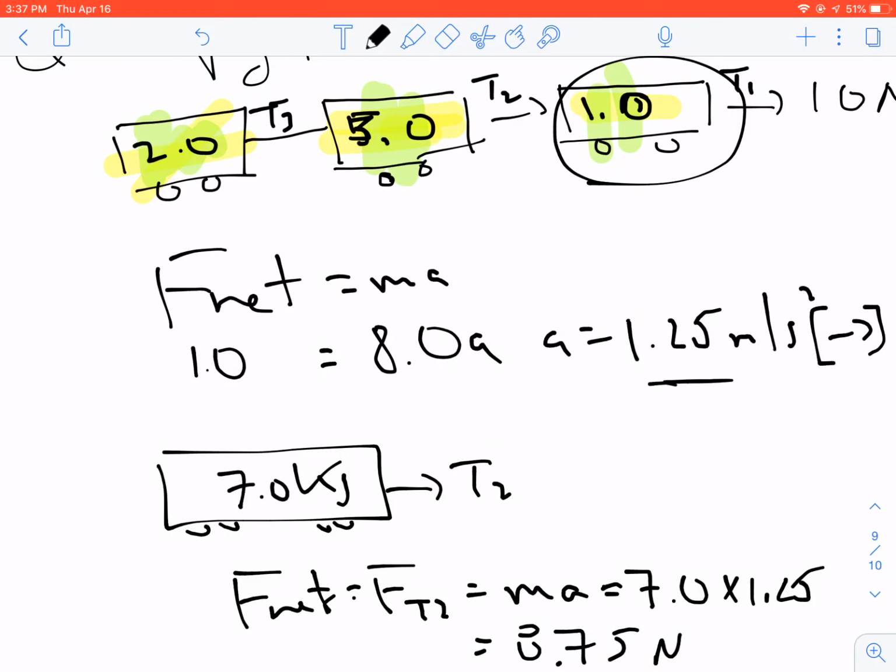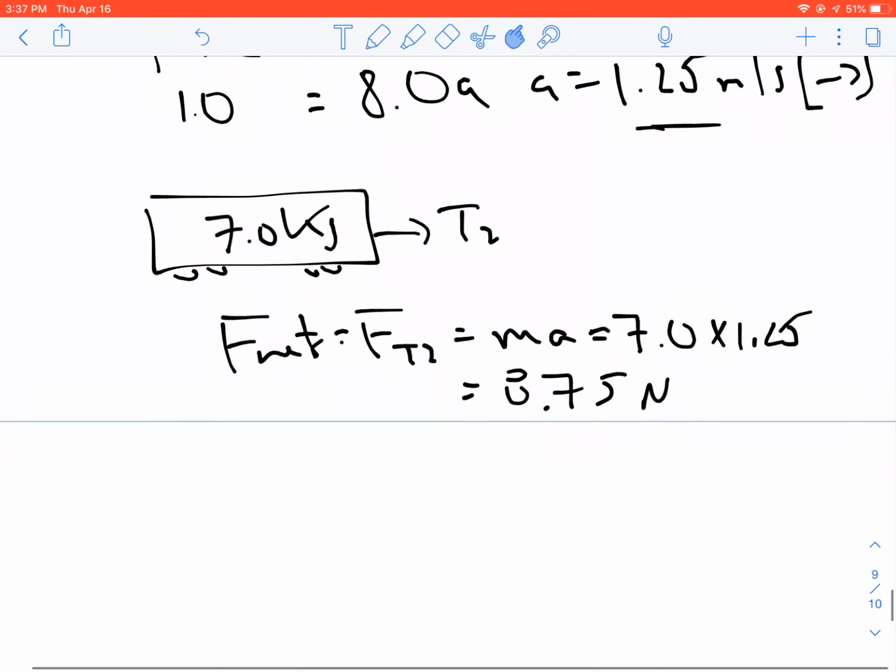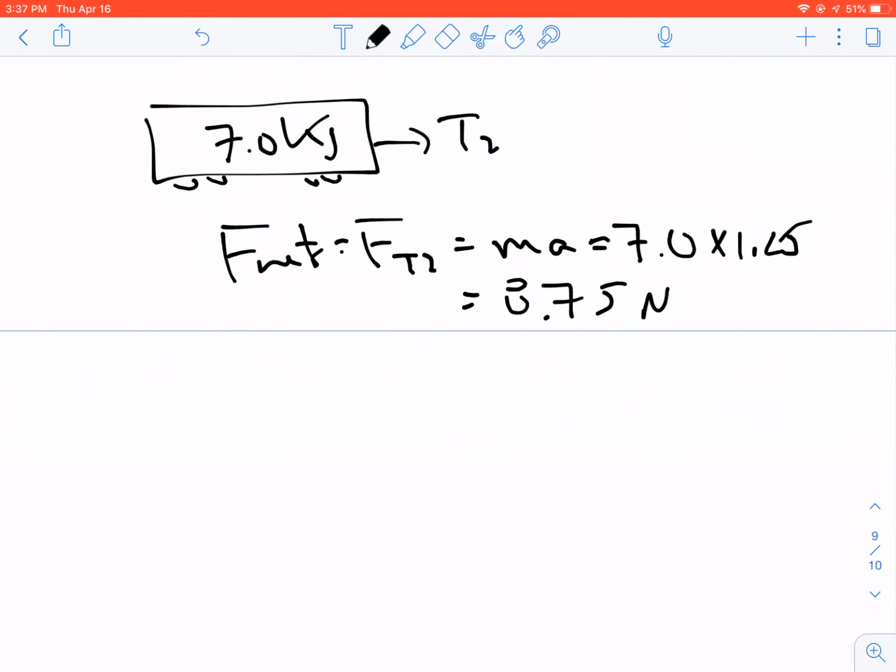Now, the 1 kilogram mass is being pulled forward by T1 and back by T2. So let me roll this up here. So here's my 1 kilogram mass being pulled forward by the first string and pulled back by the second string. Again, remember it's T2 that I'm trying to solve here. It should turn out to be 8.75 newtons.